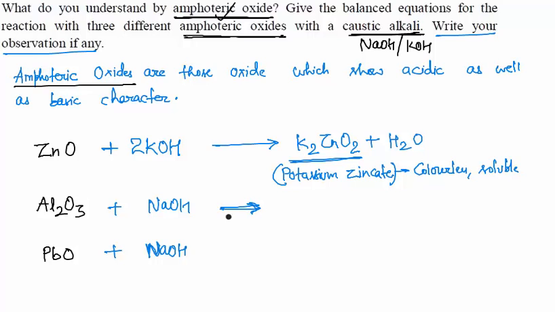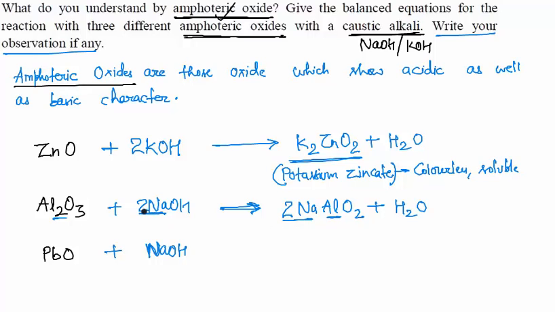Now look at this one: NaOH plus Al2O3. It will form NaAlO2 plus H2O. Is it balanced or not? Al is balanced, sodium is balanced.